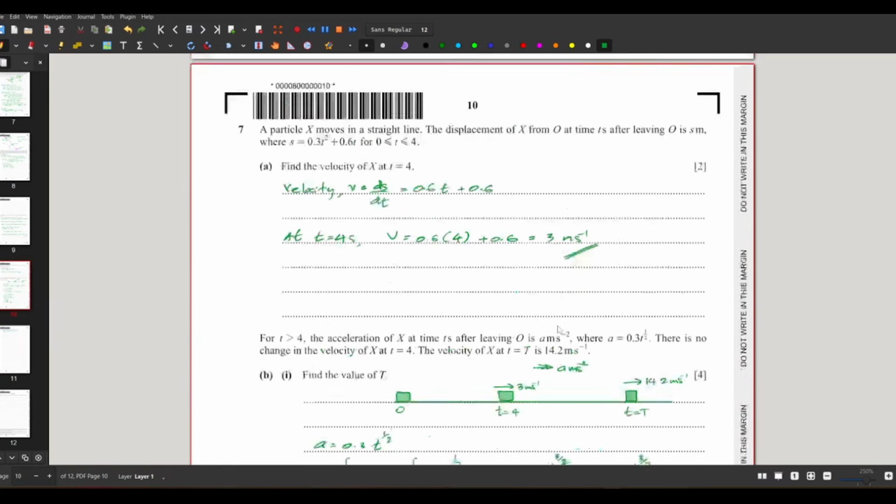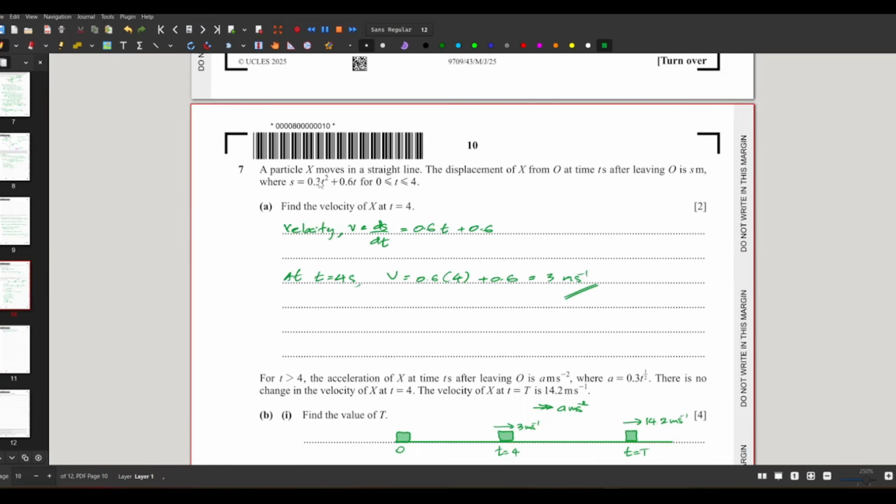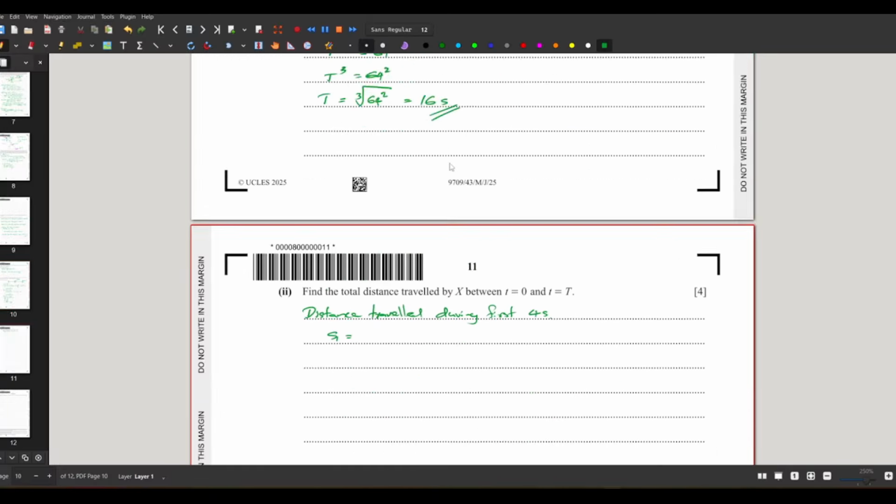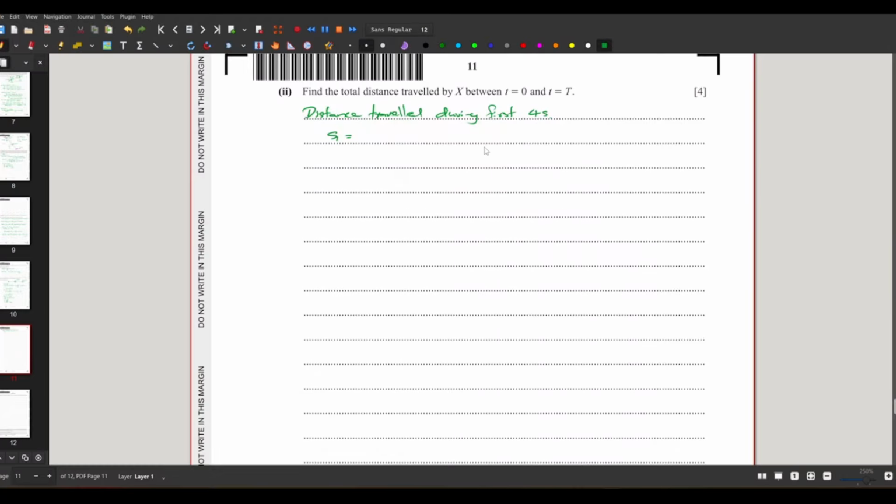So the displacement equation for the first part is 0.3 t squared plus 0.6 t. So you can substitute that one. 0.3 times 4 squared plus 0.6 times 4. So when you simplify, you will receive 7.2 meters.